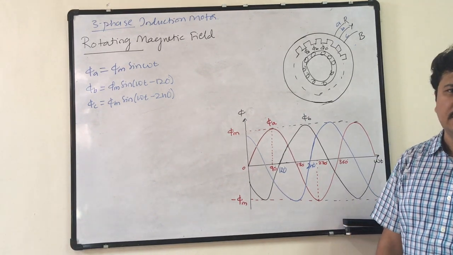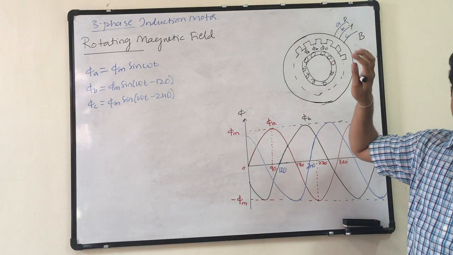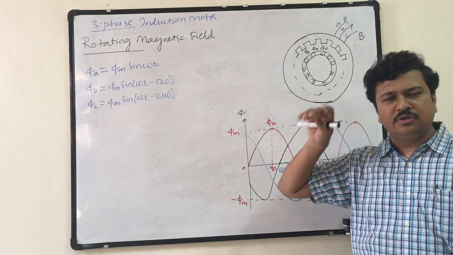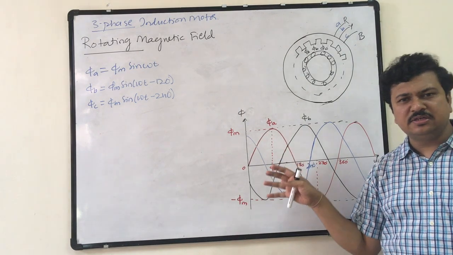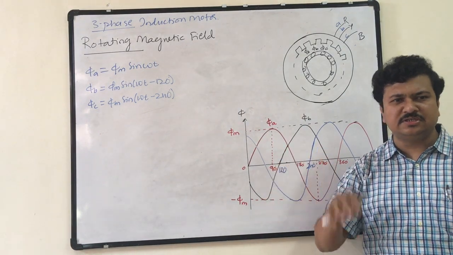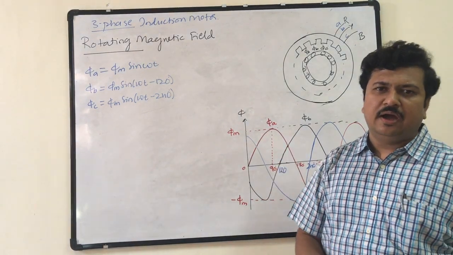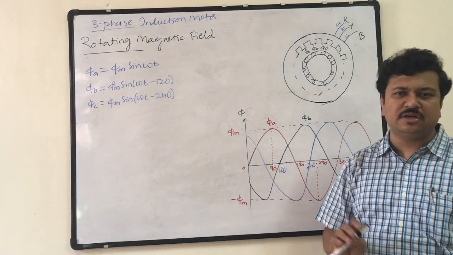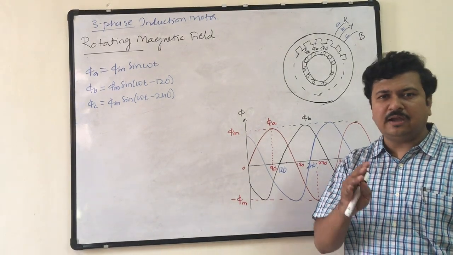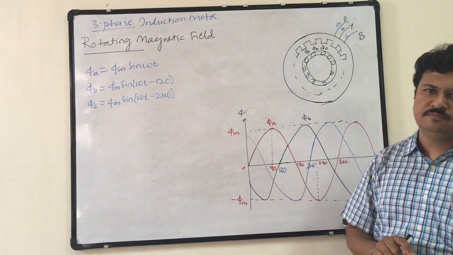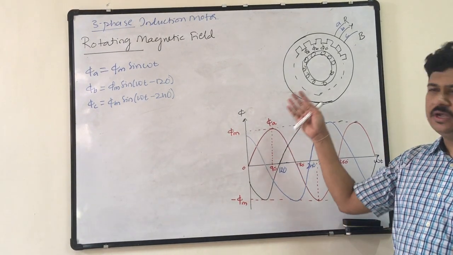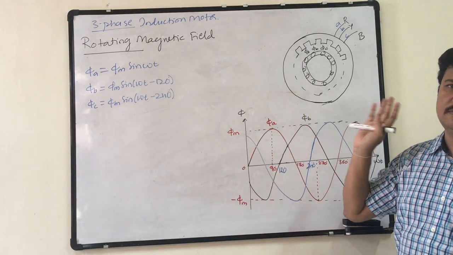Why is it self-starting? Because the moment I give three-phase supply to the stator winding, it produces three-phase fluxes, and all these fluxes exist in the same space, that is in the air gap, and when they interact with each other to form a resultant flux, that resultant flux has the capacity to do the work, because of which the work is done in rotating the rotor.